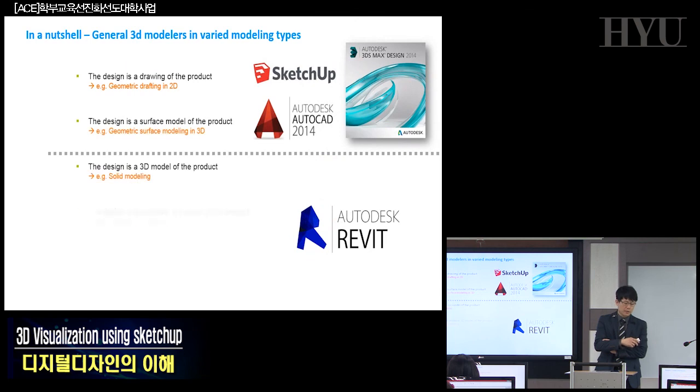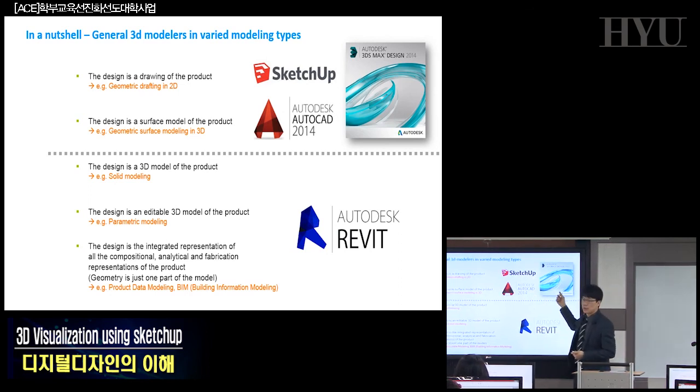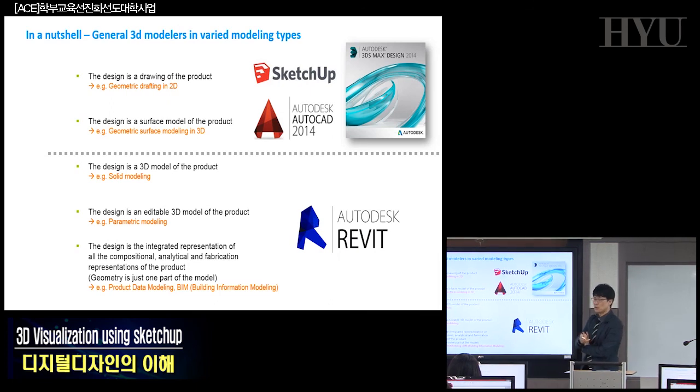Let me show you again this classification, a very simple classification. SketchUp, AutoCAD, 3ds Max. Probably you may use one of those software for your design visualization in your design studio, at least until second or third year students.